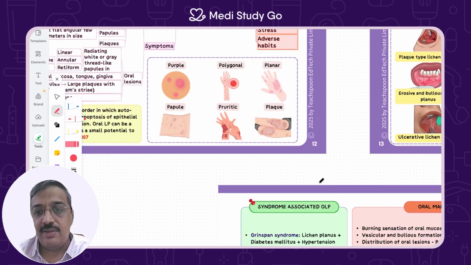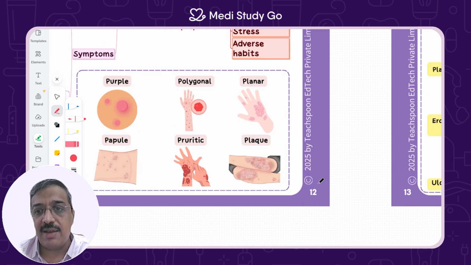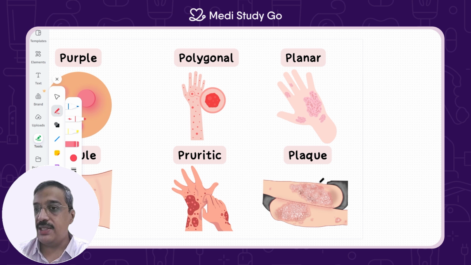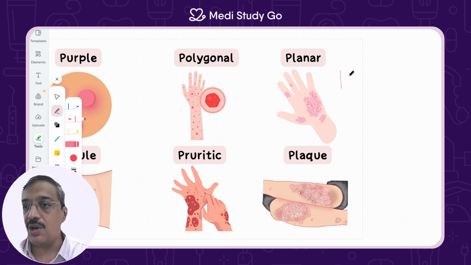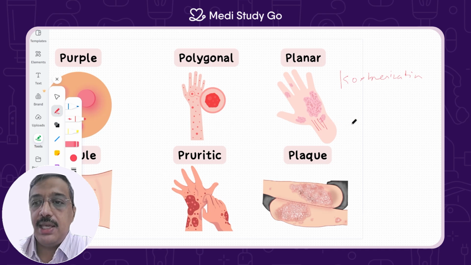Lichen planus invariably will have a skin lesion, and you will have these purple pruritic polygonal papules which can have planar and plaque-like lesions. One of the characteristic features is called Koebnerization. Suppose you have a lesion like this which is itchy, and the person will itch and cause scratches in the skin.